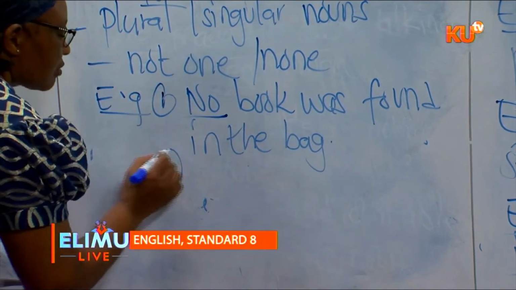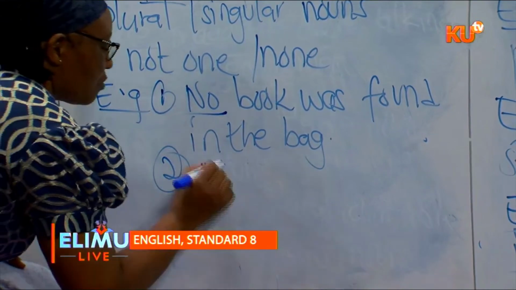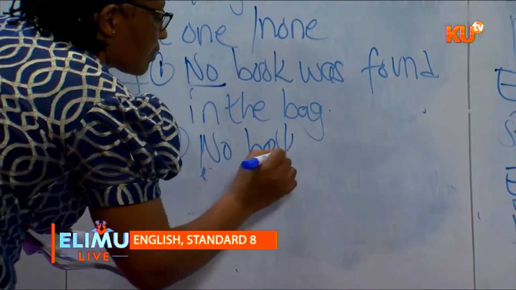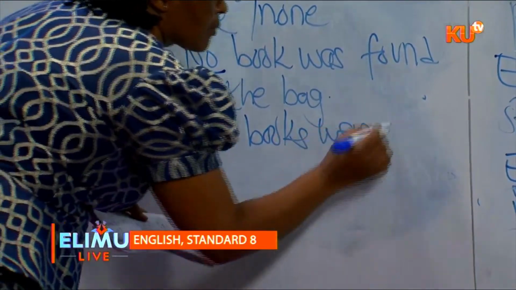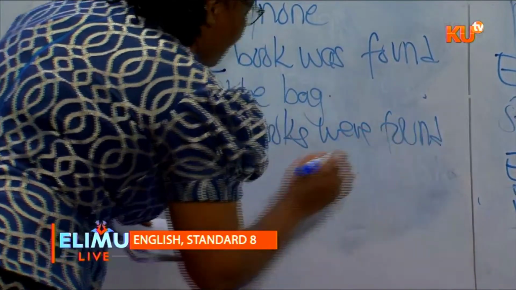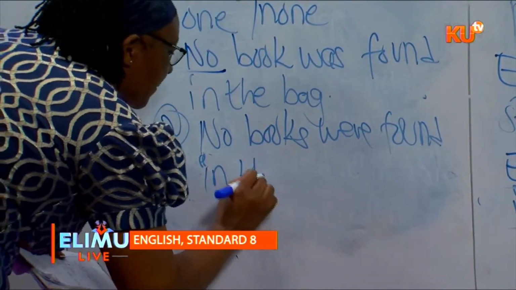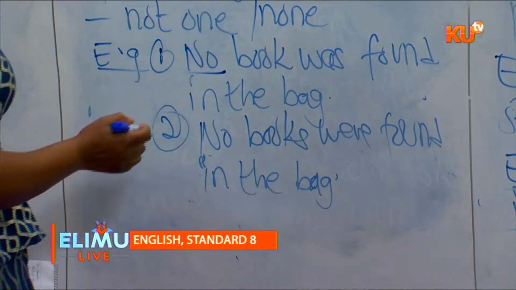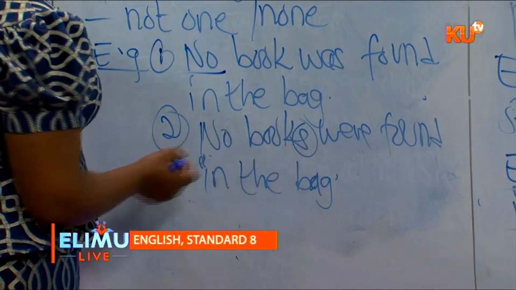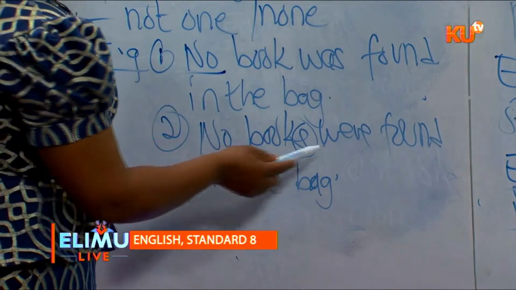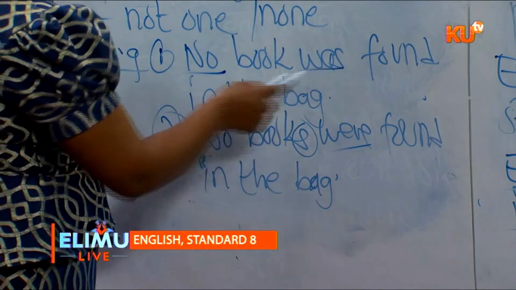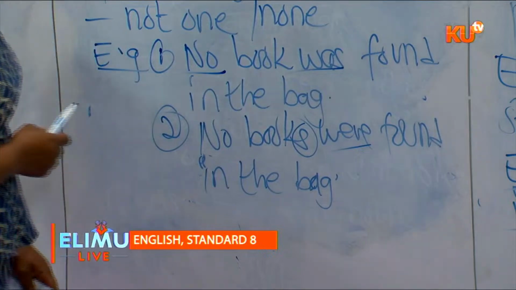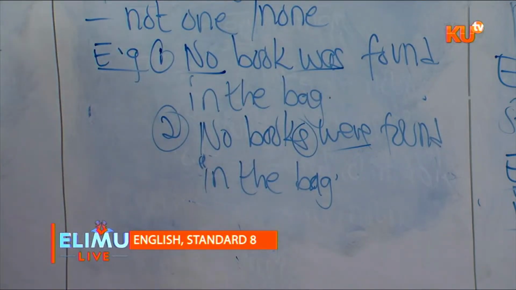So we change this sentence into plural and say no books were found in the bag. So the word will tell you whether you are going to use a plural or a singular helping verb depending on the tense of the sentence.